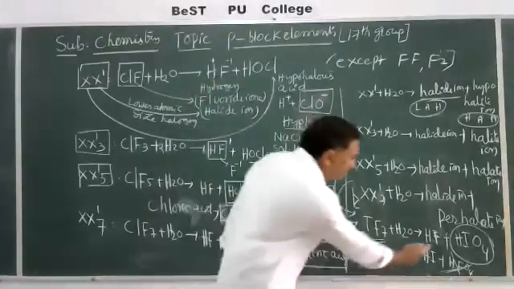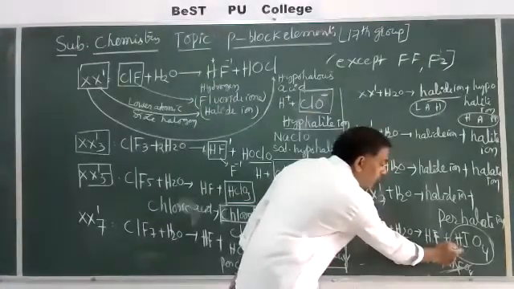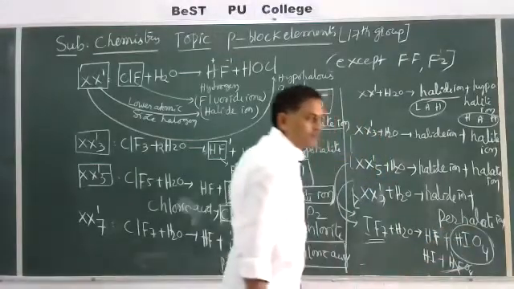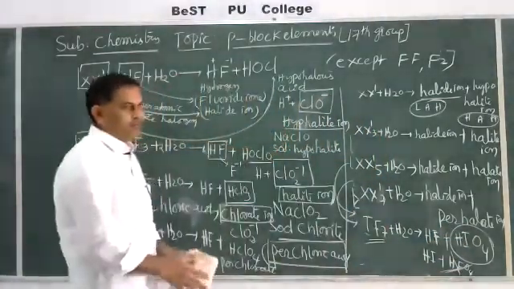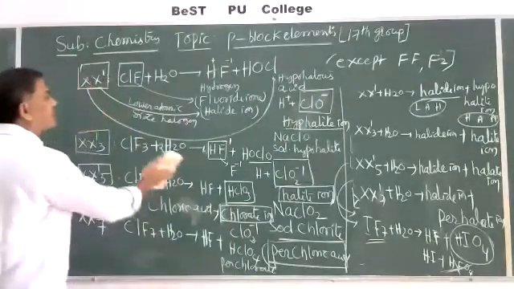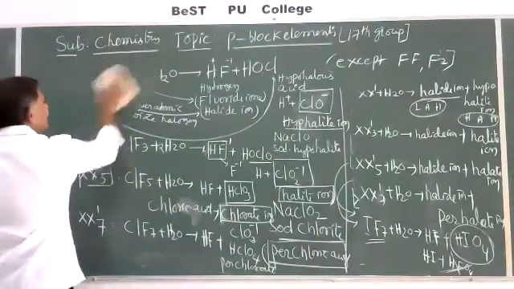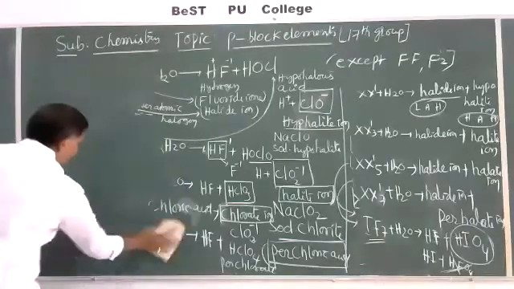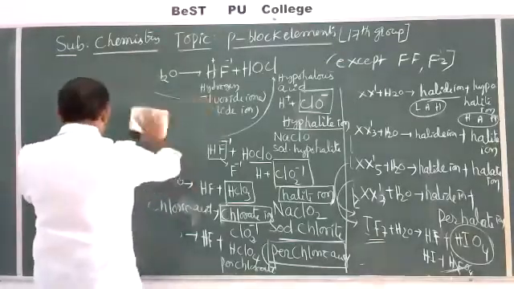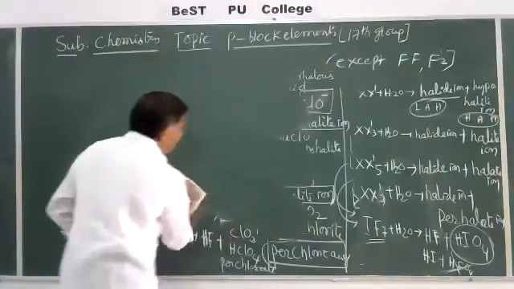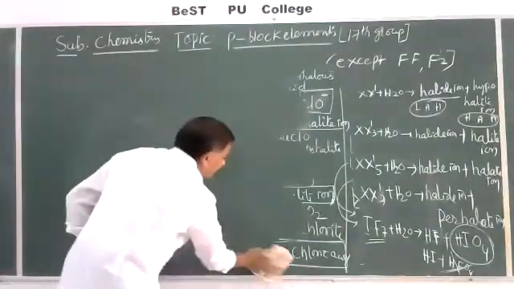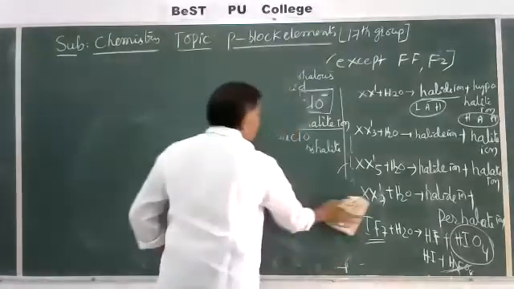This is periodate, HIO4. They create questions like this in examination. Very important. After the physical and chemical properties of interhalogen compounds, the last simple concept is the structures of these different types of interhalogen compounds.